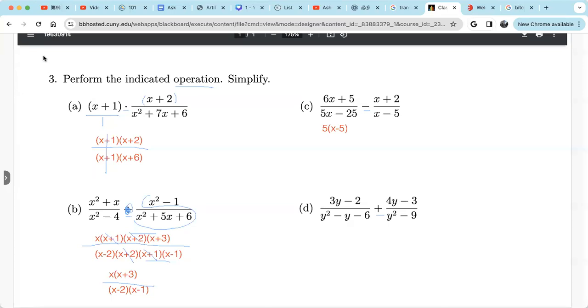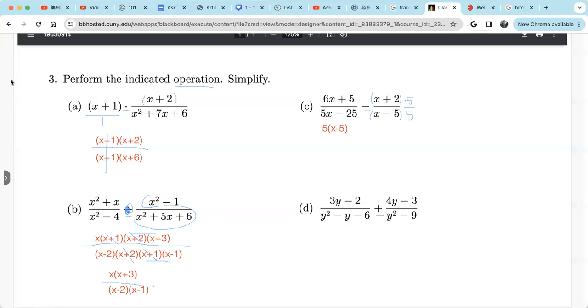Then we see the second one, the denominator is also x minus 5. So what's the least common denominator? That's 5 times x minus 5. So we just multiply by 5 over 5 for the second one to make them have a common denominator.